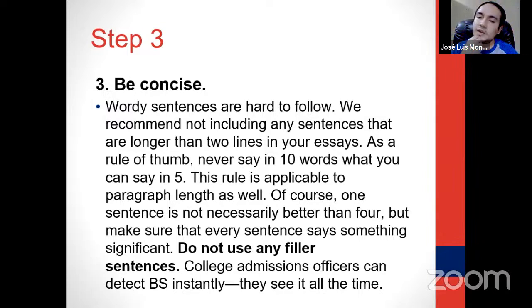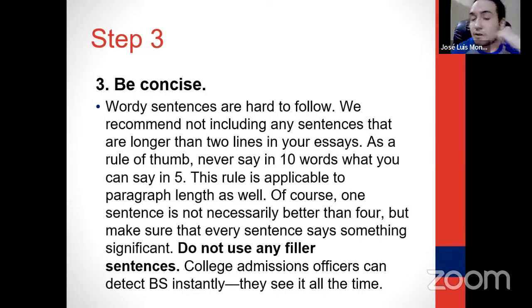Now, I already said it. Your sentence can be five lines, and grammatically speaking, it can be correct. But we have to avoid confusion, because imagine writing 3 lines, or 4 or 5, just for one sentence. It is going to be confusing.